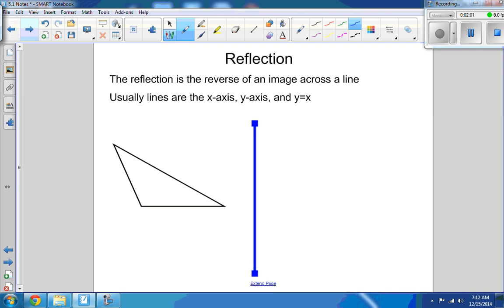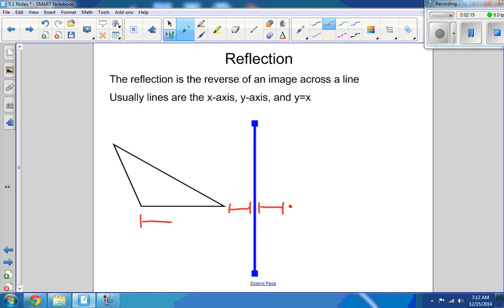Reflection. The reflection is the reverse of an image across a line. So usually we're going to be doing it around the x-axis, the y-axis, or the line y equals x. So when my image here gets reflected, what I look at is this distance, and I'm going to have that same distance repeated over here.